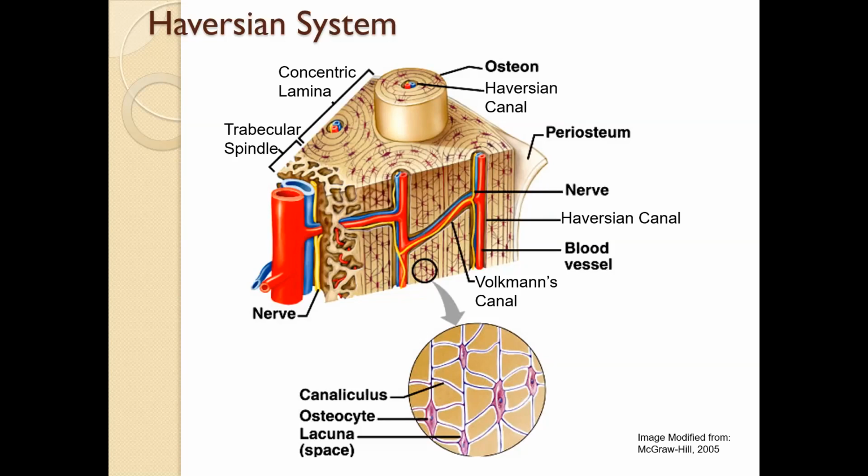Stemming from the Haversian or central canal are openings of the lamina, which are known as the canaliculus or the canaliculi in plural, that are going to be connecting the dormant osteocytes housed within the lacunae.